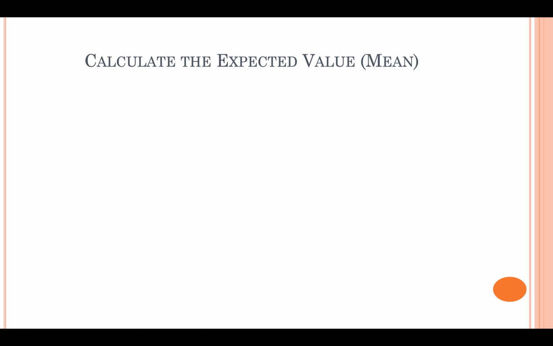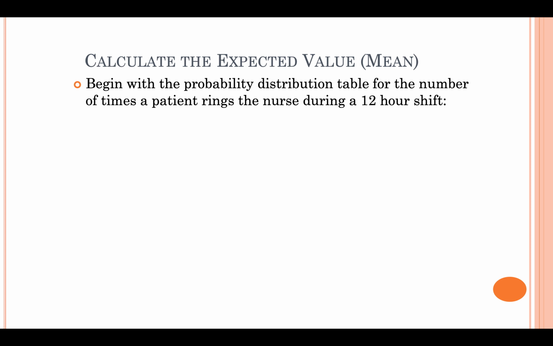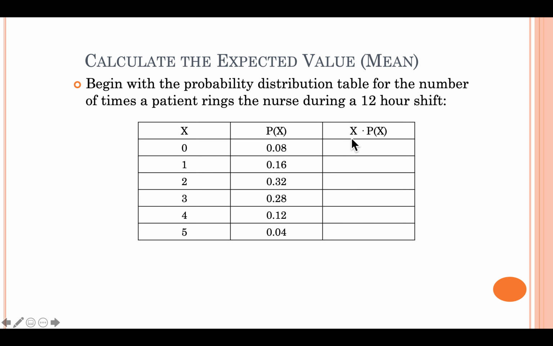So our next step is to take that probability distribution table, add a third column, and multiply the first 2 columns. So here's our third column, X times P of X. We are going to multiply the first 2 columns and put the answer in the third column. So the first answer would be 0, and then we would put 0.16, and then 0.64, and so forth.